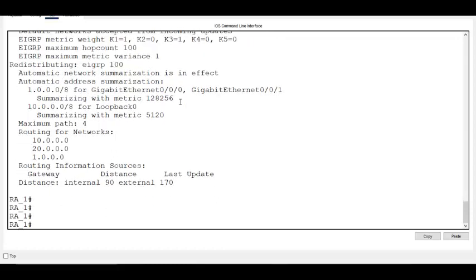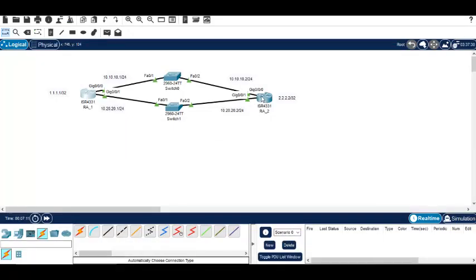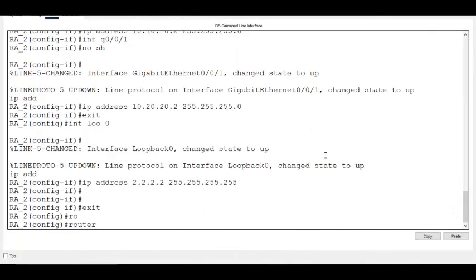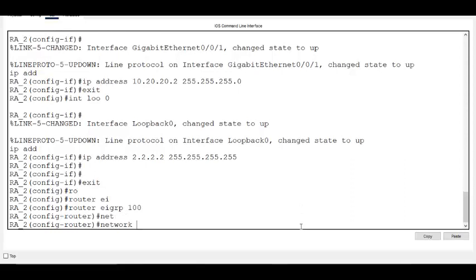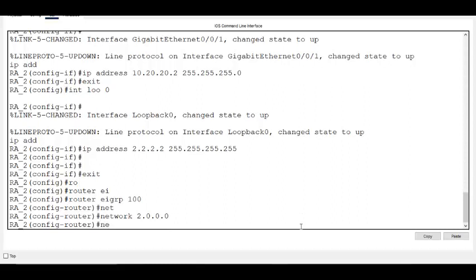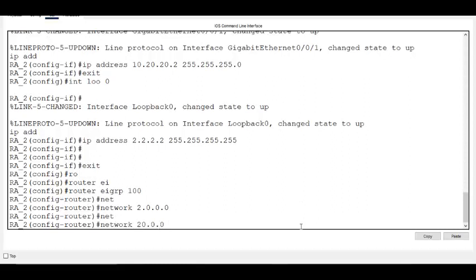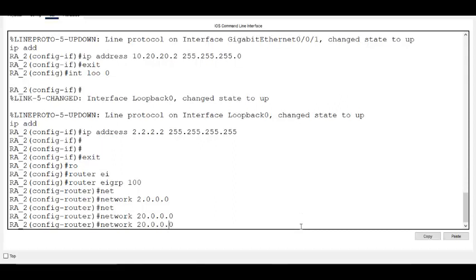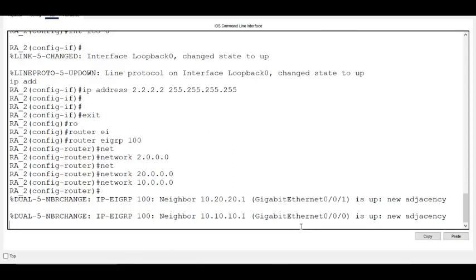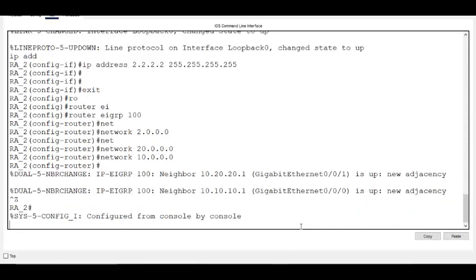What is next? Let's configure EIGRP on the other router. Router EIGRP 100 network 2 dot and network 20 dot, network 10 dot. Okay, so we got, oh no, I made a mistake.